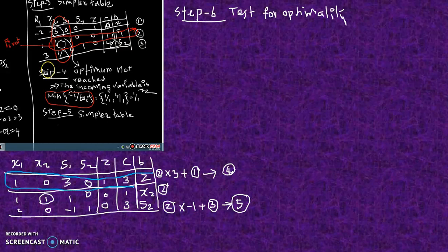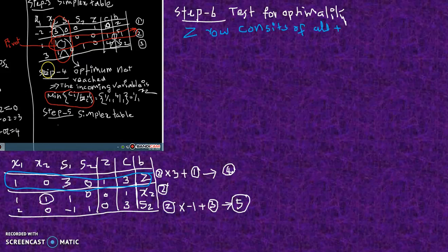In the Z row, all are positive entries. So the Z row consists of all positive. Am I correct? So all positive means what? The optimum is reached here.